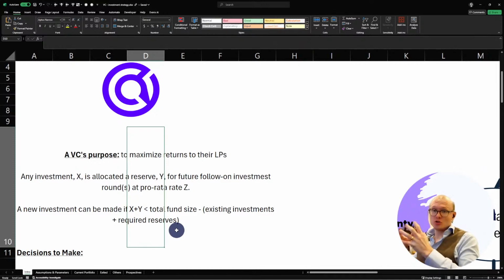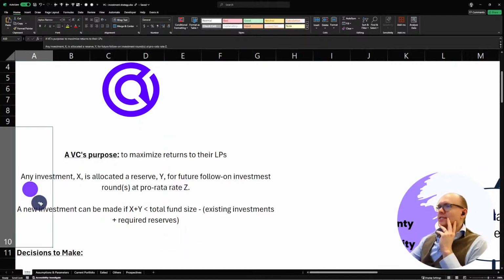So we don't want to lose that money, because we want to have it such that if and when any of our existing portfolio companies need more funding, we have money available to essentially also save them. If there's a certain chance that they might start to go bankrupt sooner than they anticipated, that's another reason why having money in reserve to protect that investment is potentially a good idea. So that's what we consider reserves.